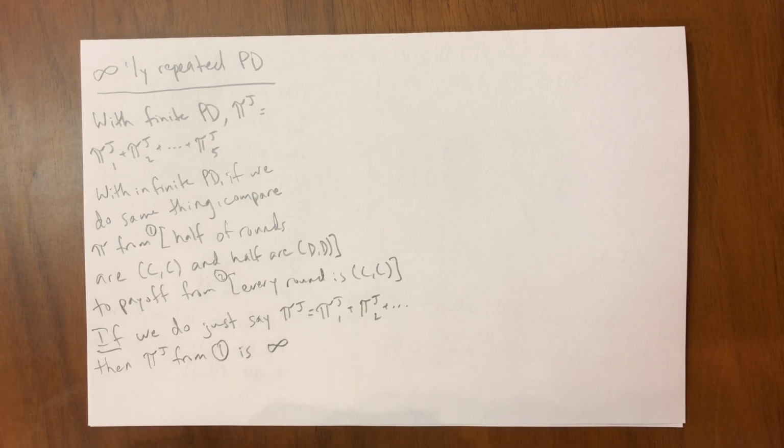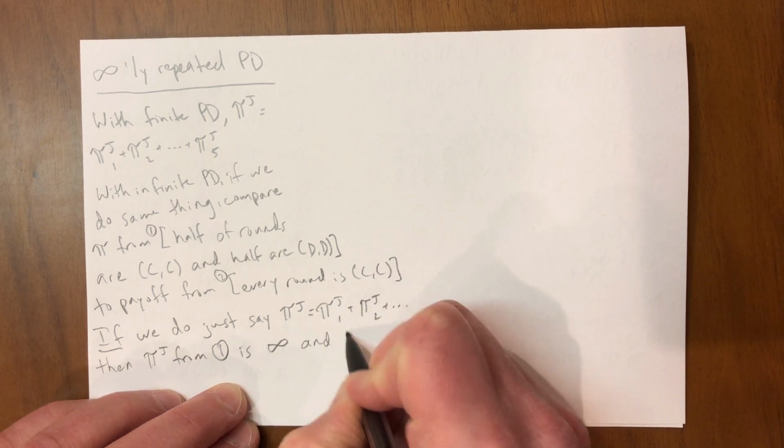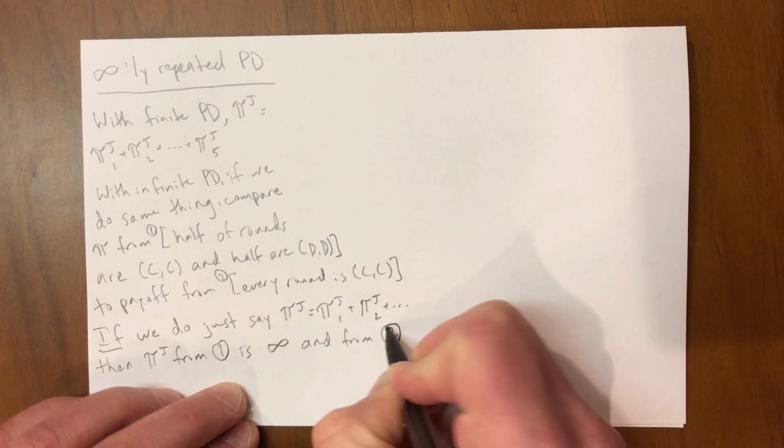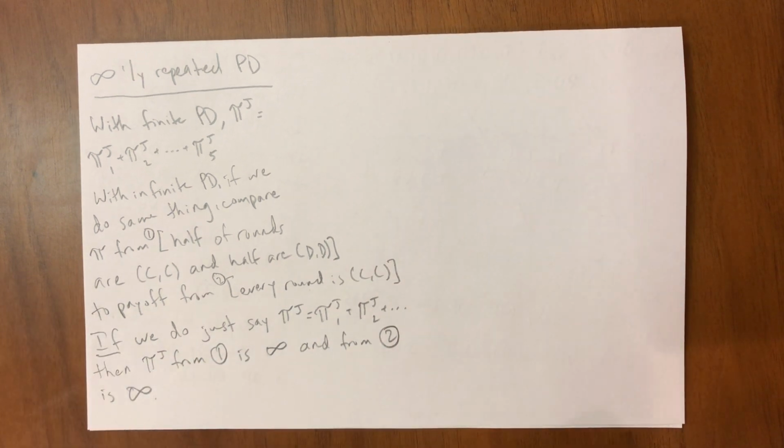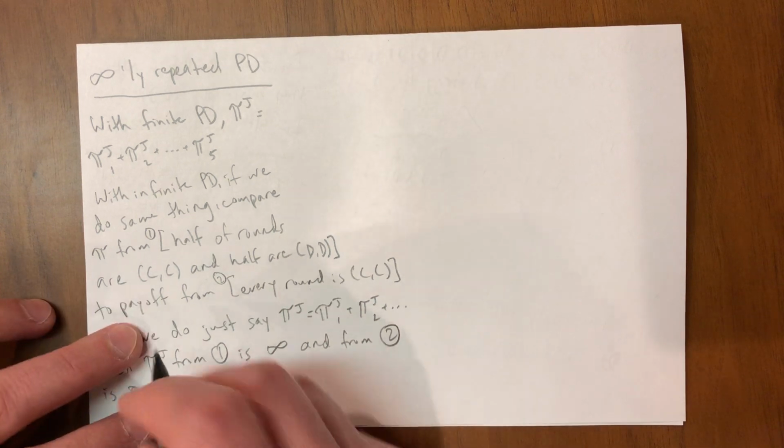So the payoff from 1 would be infinity, and from 2 would also be infinity. And so this is really unattractive. We really don't want payoffs to be infinite. One reason is that one really should be better than the other, but they both end up being infinity.